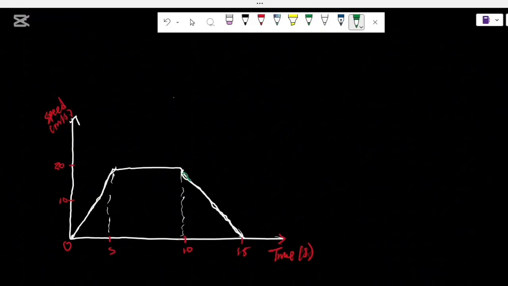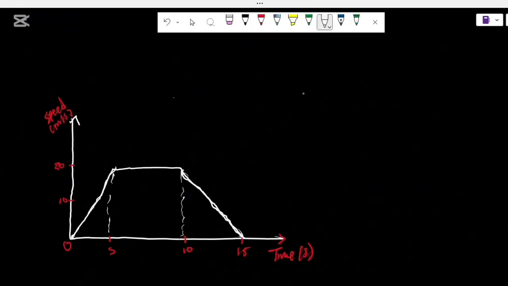It is decreasing significantly until it reaches the 15th second. Now, since we are dealing with the rate of change of velocity with time, you realize that this particular change is actually called negative acceleration. While this is positive acceleration, this is negative acceleration.